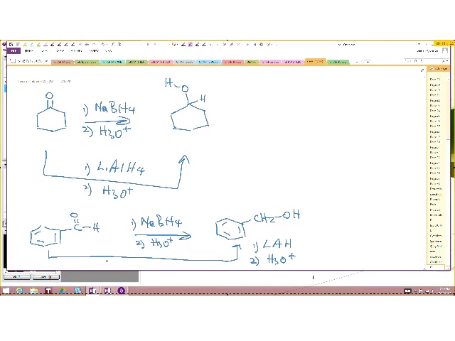But if you're starting with an aldehyde, this aldehyde here, keep in mind you only have one carbon attached to this carbonyl, so you are going to form a primary alcohol. What do you mean, bottom ring?